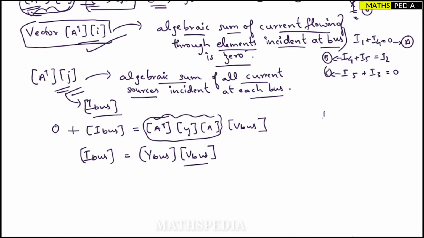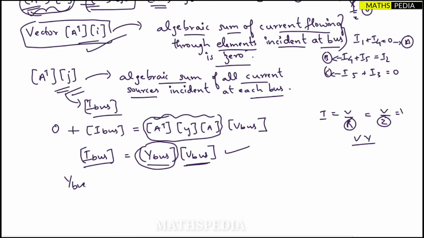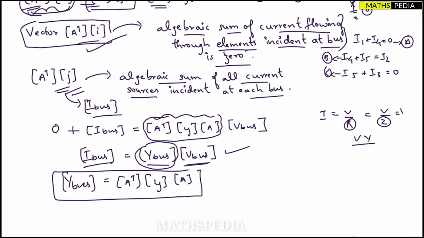Okay, I is nothing but V by R, correct? R we can write as impedance. Impedance will go up, it will become admittance. That's basically this. I bus is equal to Y bus into V bus, where, not I bus, sorry, Y bus is nothing but A transpose into Y into A. So this is what we had to prove, correct?